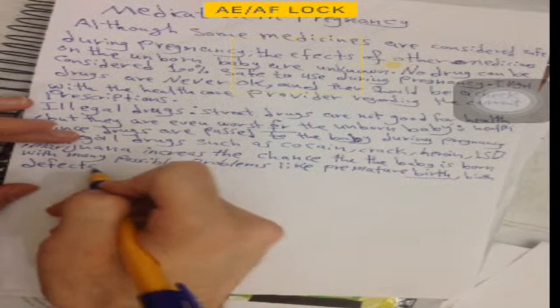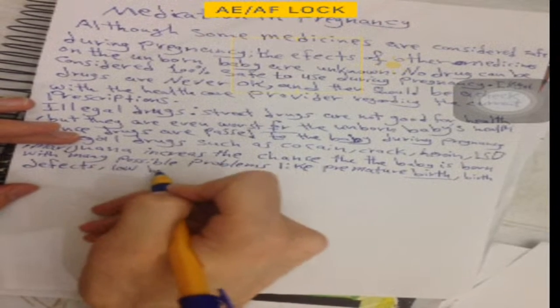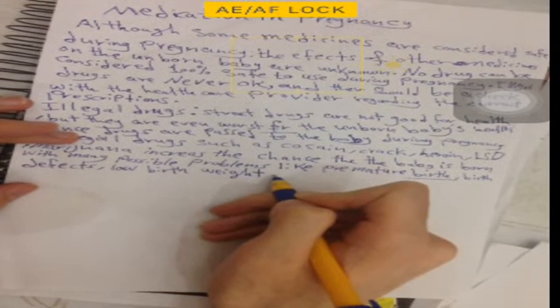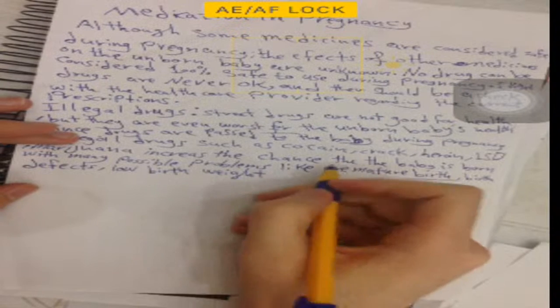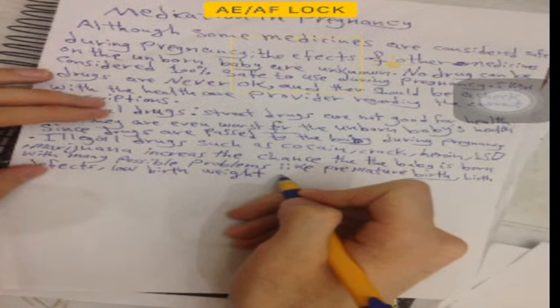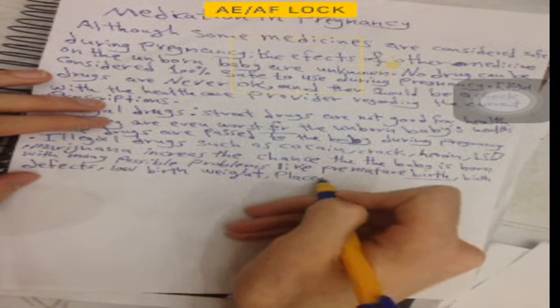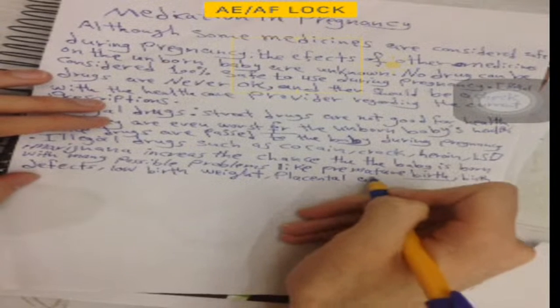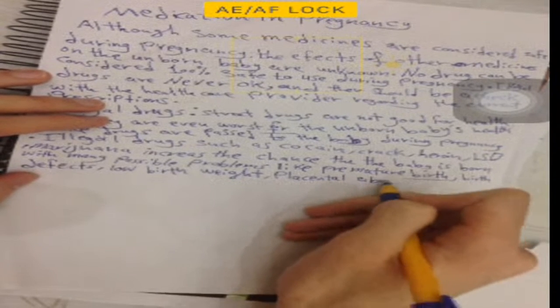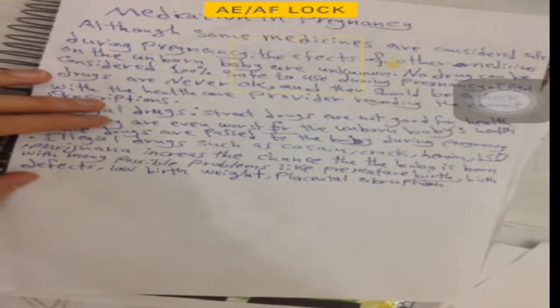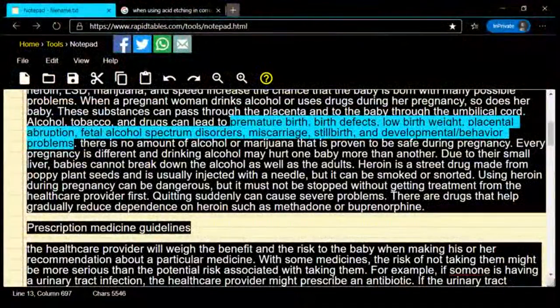Low birth weights, then we have placental abruption.